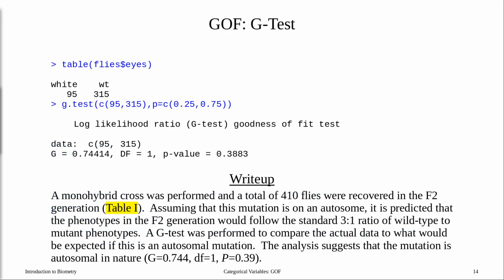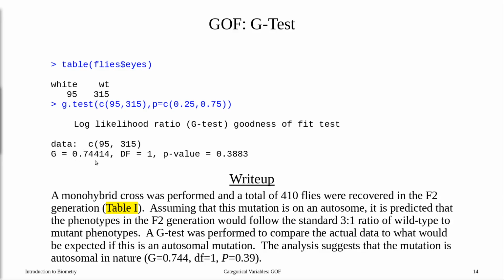So here's our g-test in action using our fruit fly data. We've got our table that gives us the order in which we give our probabilities. It's set up the exact same way as we used our chi-square.test. And the output now tells us that we ran a log likelihood ratio goodness of fit test, or a g-test.